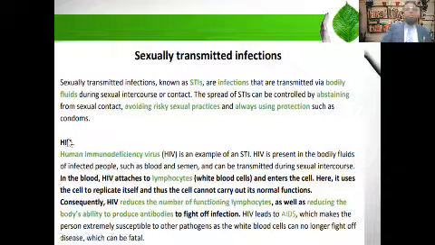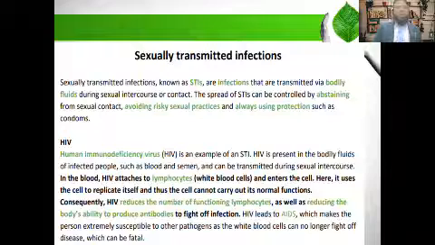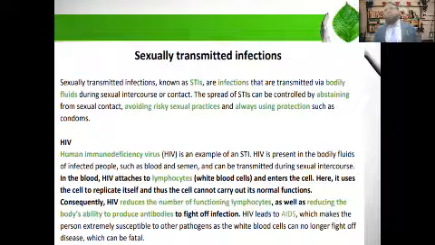What does this virus do? Actually, this virus attaches to the lymphocytes, and then the number of lymphocytes is reduced. And lymphocytes are very important cells, because these are the cells which make antibodies.